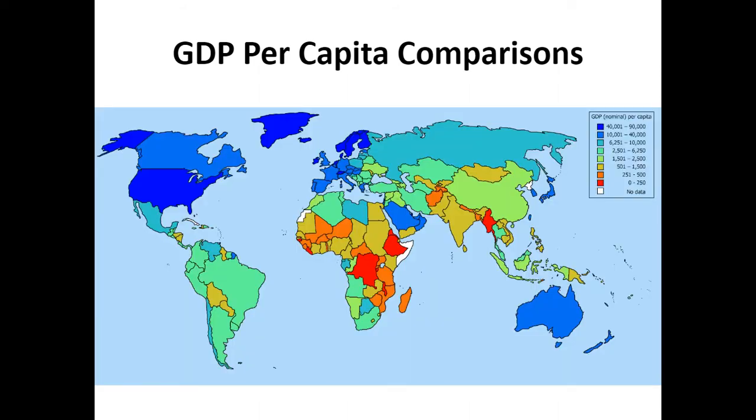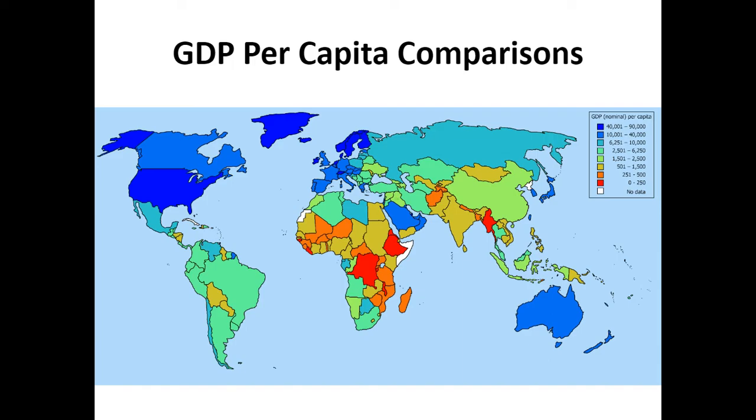And finally, to end our discussion on GDP, you have here a map of the world with color coordination. You can see the darker the blue, the higher the GDP per capita is. That means that people are making more products and goods per person in those countries.